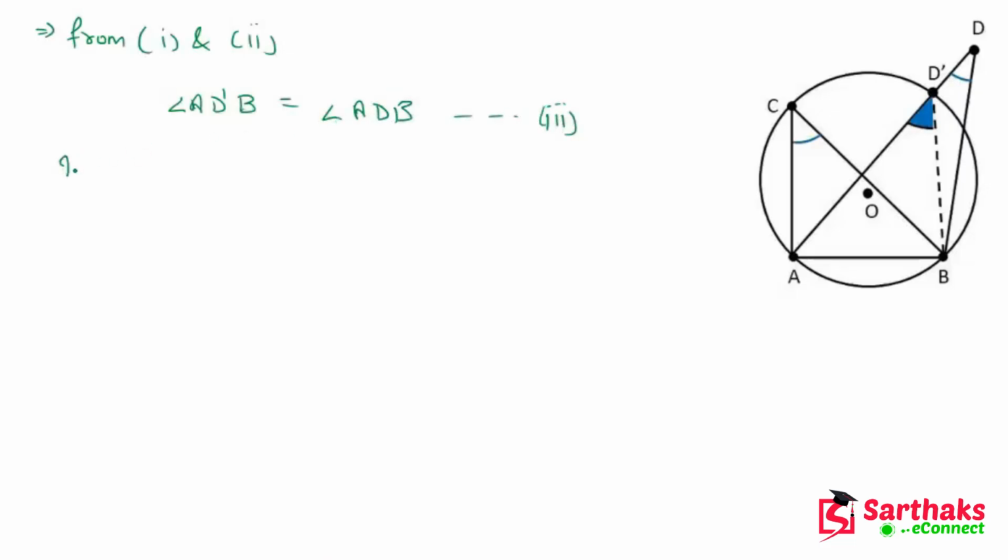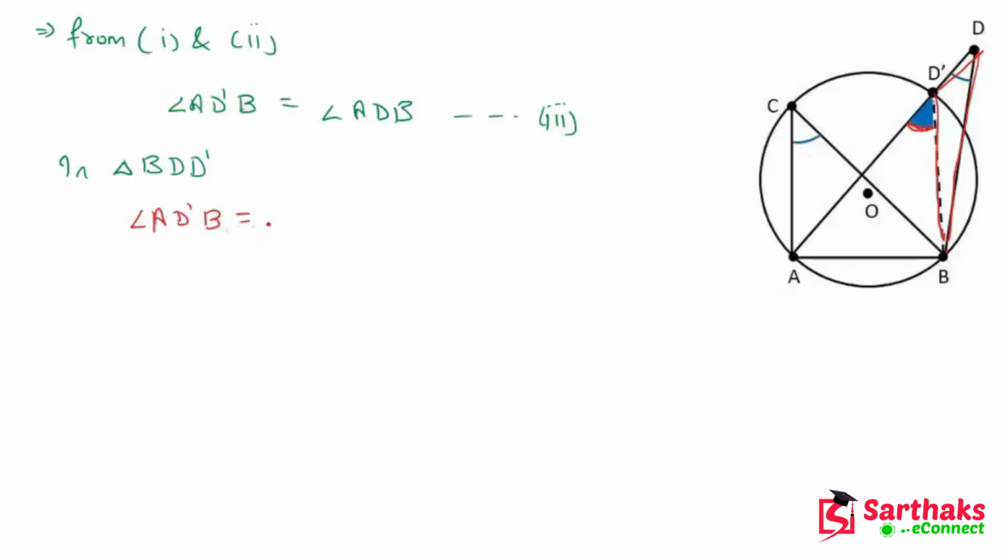Now in triangle BDD dash, in this triangle, angle AD dash B, this angle, is an exterior angle.